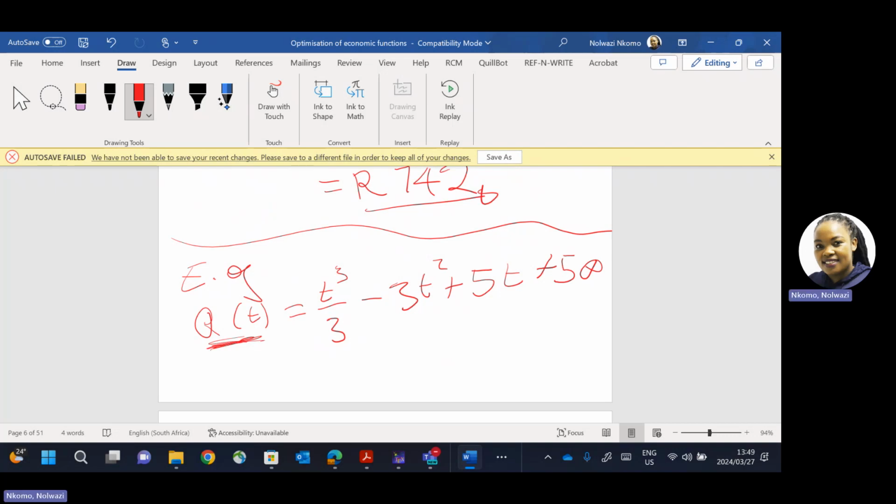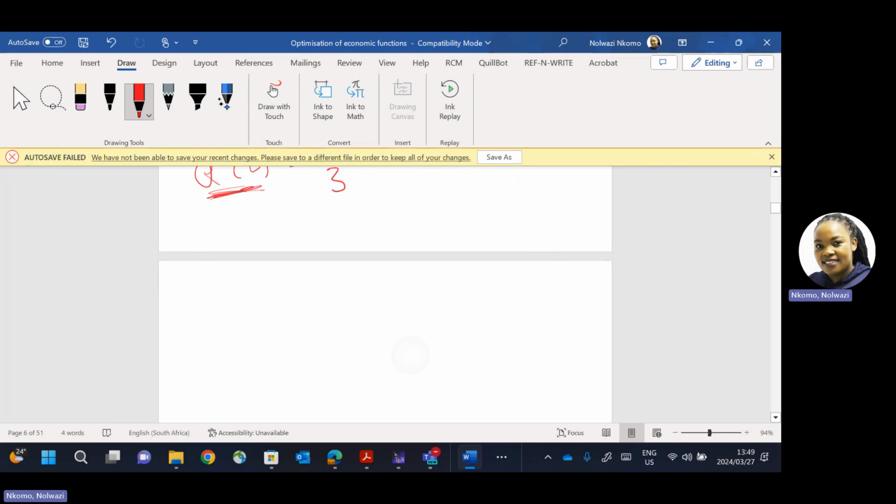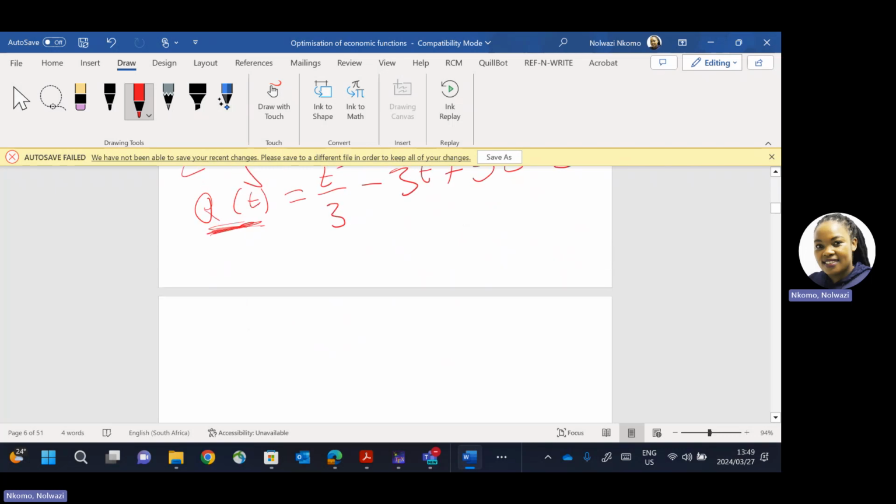Then you solve for T when the derivative is equal to 0, right? And then to find the nature of those points, you should find the second derivative and then substitute that value. But for me, this is what I obtained when I was doing this question.